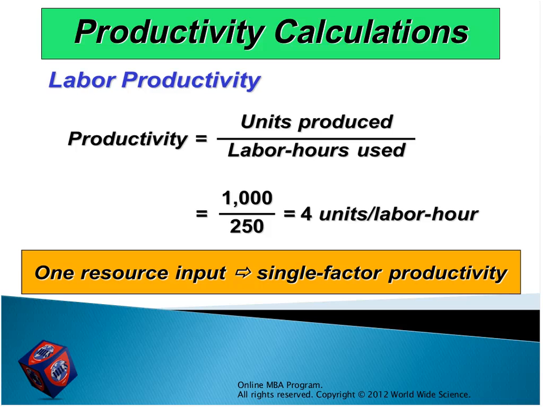For example, if you have produced 1,000 units per 250 hours, they have succeeded in producing 1,000 units per 200 hours. It shows that they are operating better than you. So this is labor productivity.